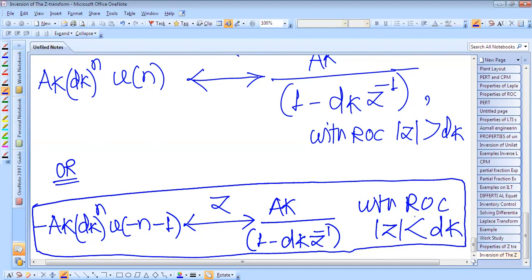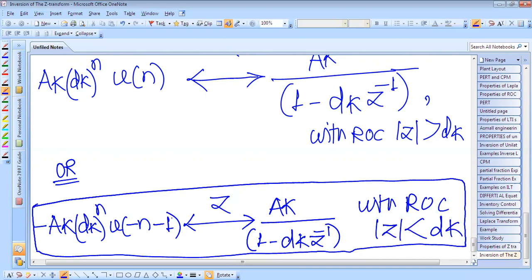But if the magnitude of z is less than dk, the inverse is minus Ak dk to the power n u of minus n minus 1.